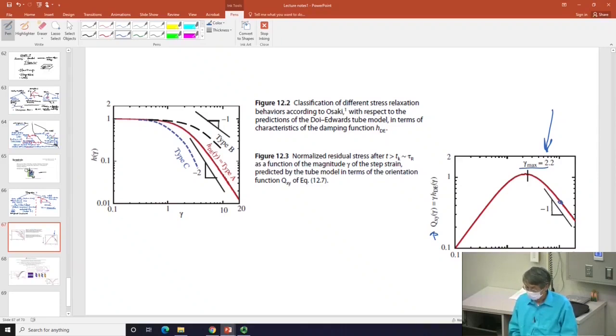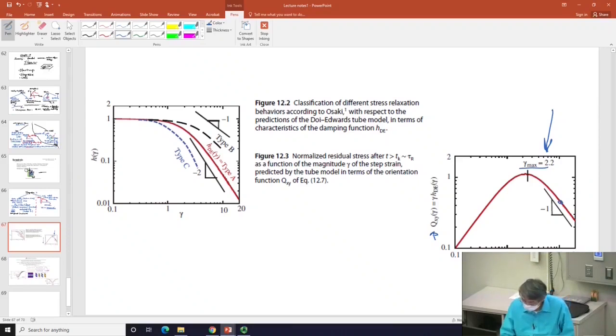So let me indicate what I was thinking today when I tried to prepare this part. Well, the tube model says there is a Rouse chain retraction. Let's see hypothetically that's what happened. It does have Rouse retraction, free chain retraction.